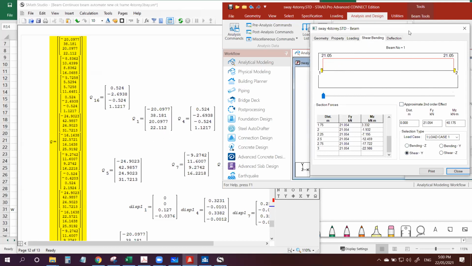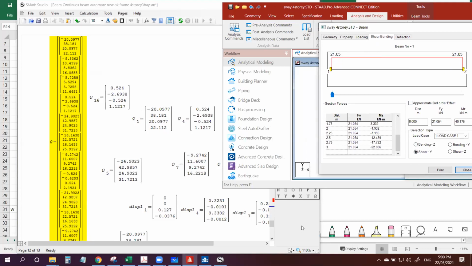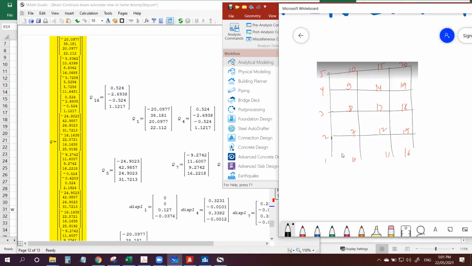Okay, now for the column. Let me extend my screen.